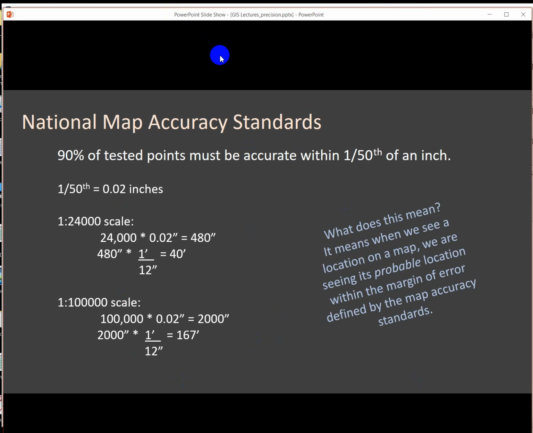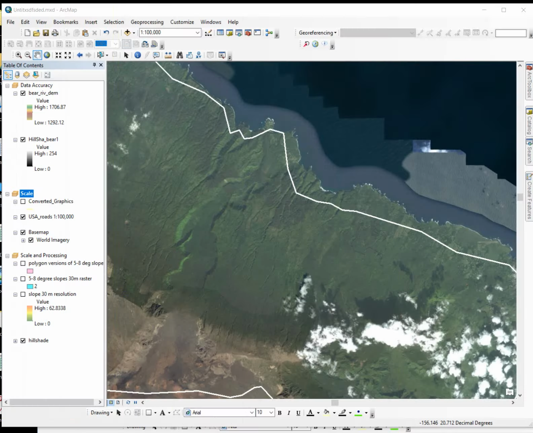So how do we apply that to the idea of our polyline over here? If this was digitized at the scale of 1 to 100,000, at any given location on the line, it needs to be found within 167 feet of its actual location on Earth. That's pretty coarse. What I did is went in and digitized at 1 to 10,000 scale the actual highway, just for this small section.